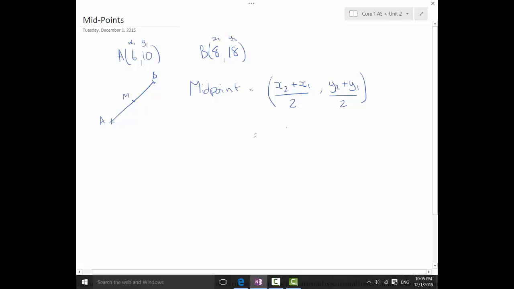So hopefully you can see that now we get 8 plus 6 divided by 2, and if we do the y-coordinates you get 18 plus 10 divided by 2, which is 14 divided by 2 and 28 divided by 2. So our midpoint would be at (7, 14).